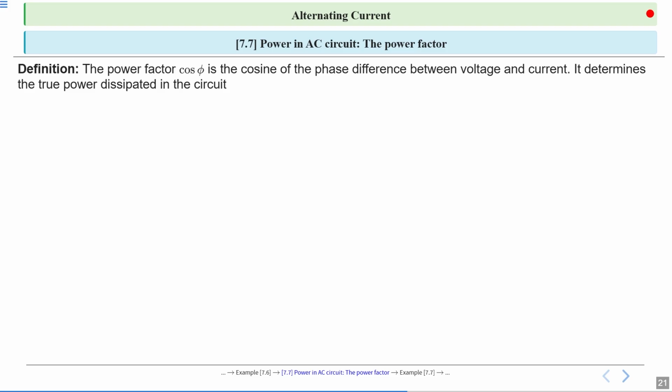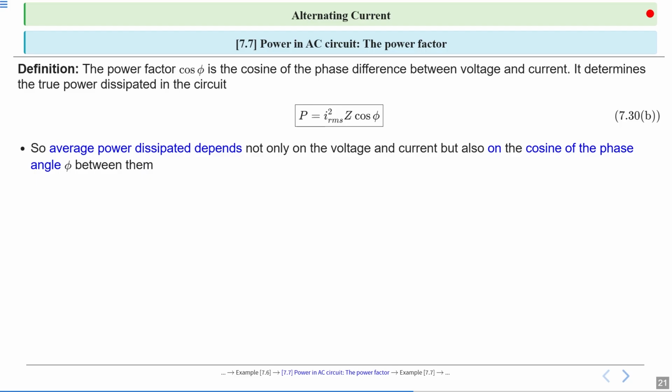Phase difference will be different for different LCR circuits, so cos phi is determining the true power dissipated in the circuit, not virtual power. So P is equal to Irms square Z cos phi according to NCERT equation 7.30b.